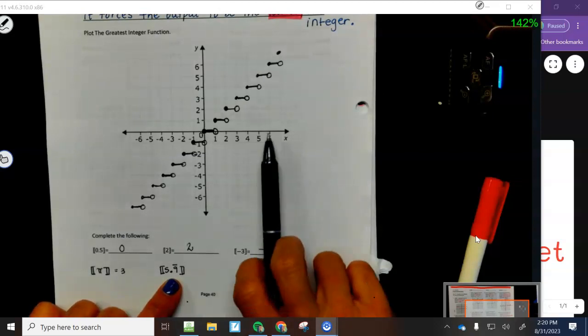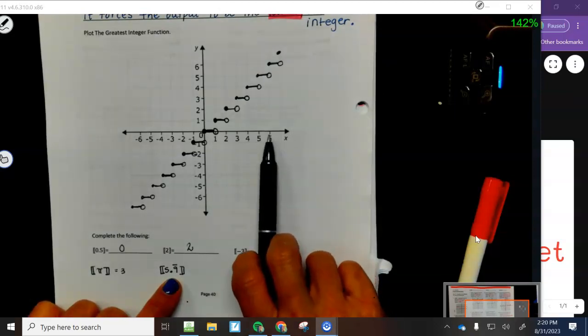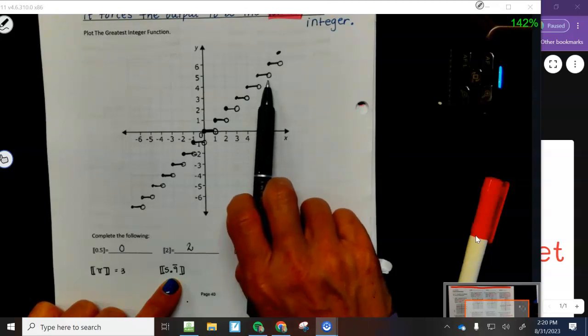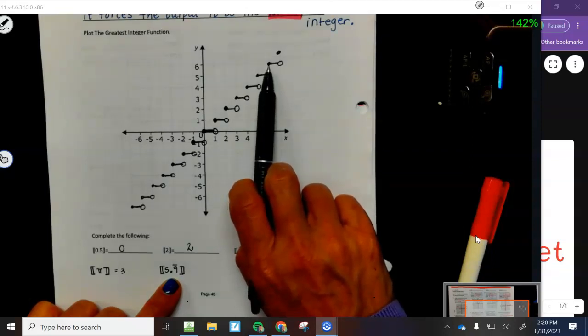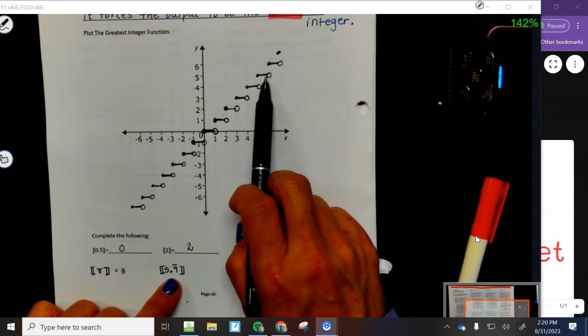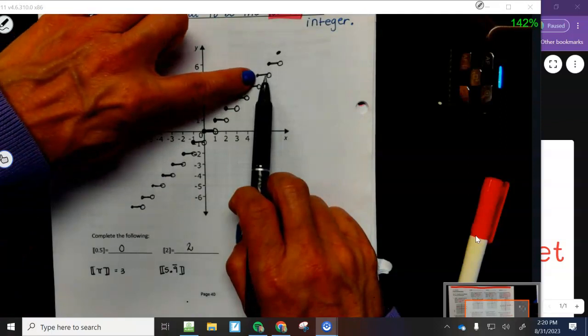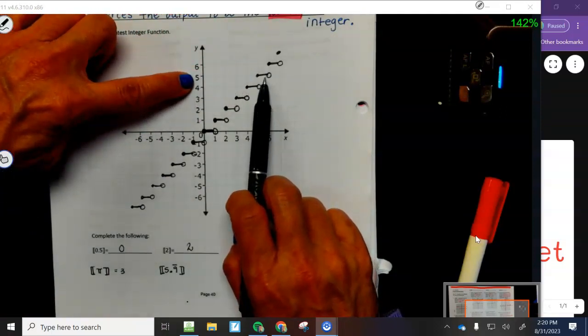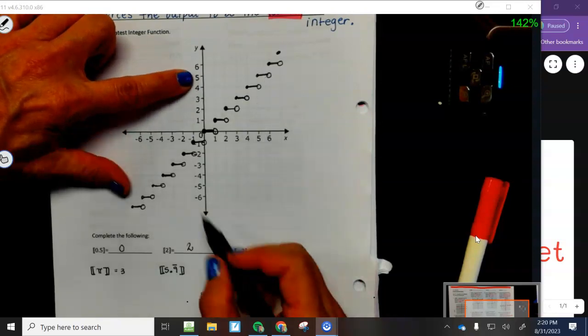Let's go to 5.9, which is almost on 6. We're going to go up this line here. And where do you touch the graph, guys? It touches right there, which belongs to, nope, 6 is open. What does it have to belong to? 5.